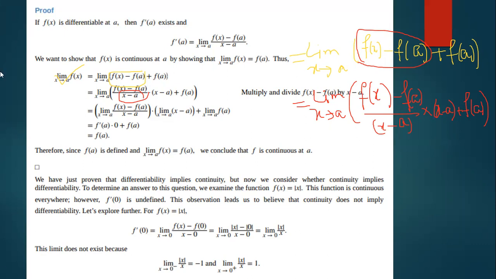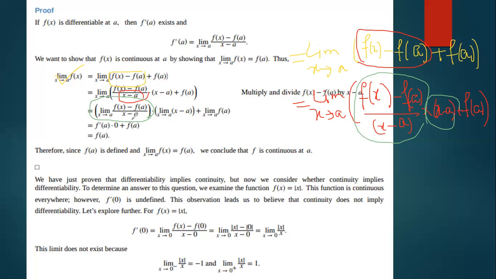Now I have to separate this term and this term, and apply the limits. First, I apply the limit on this function, which is written as f of x minus f of a divided by x minus a, then the limit of x minus a, then the limit on f of a.